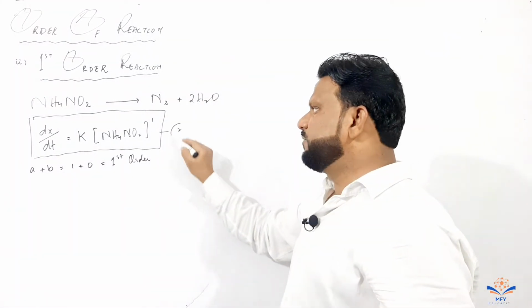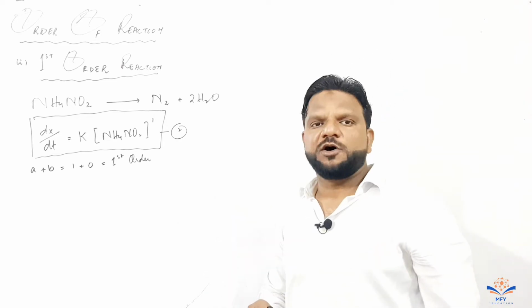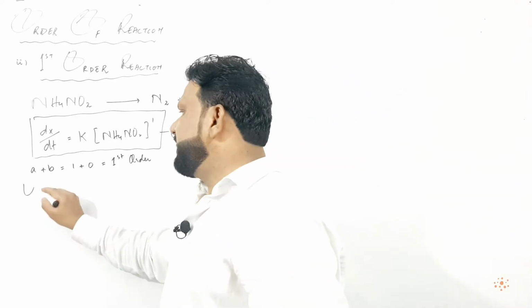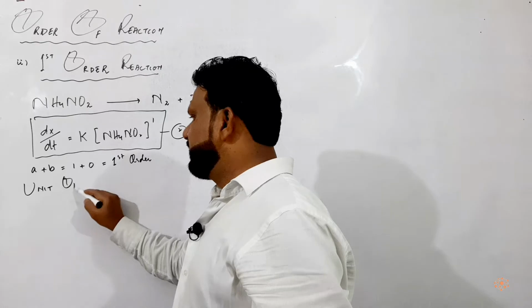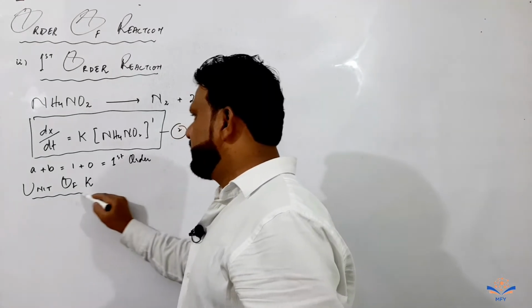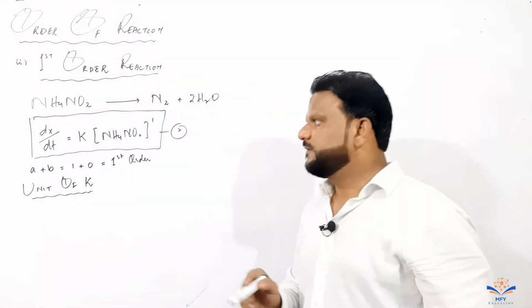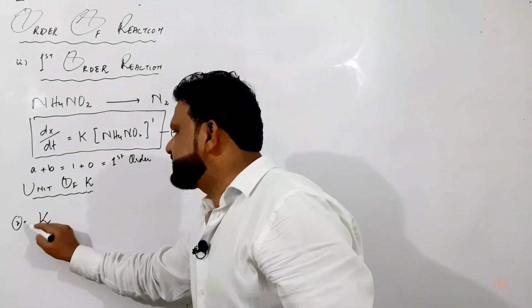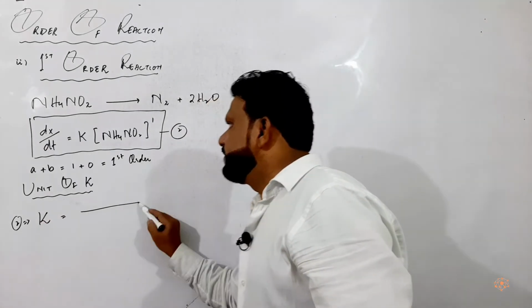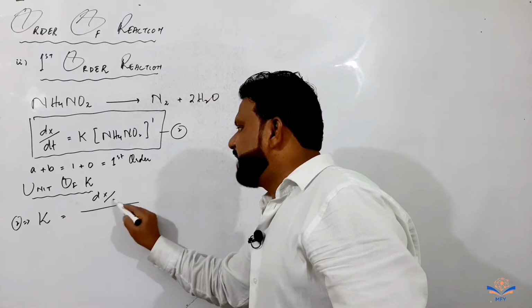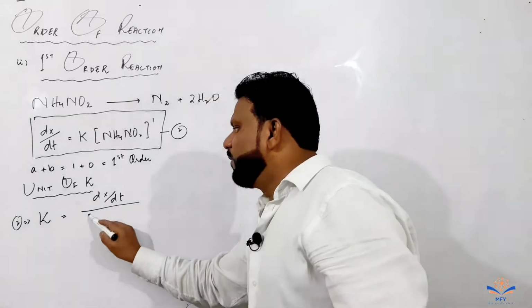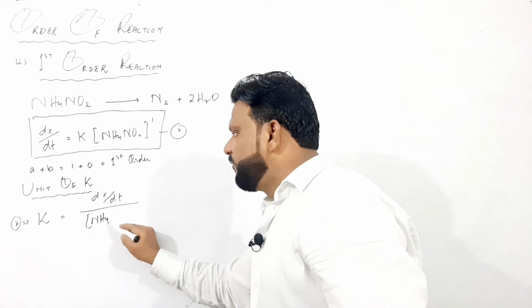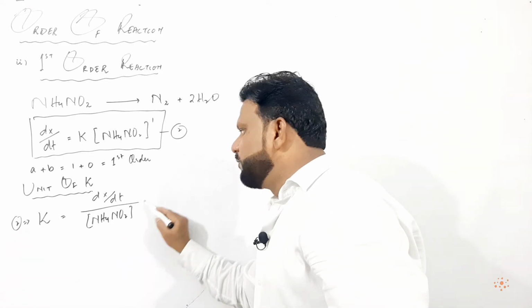Now we are going to calculate the unit of K. Unit of K for first order reaction: from equation number 2, K will be equal to dx/dt over NH4NO2.